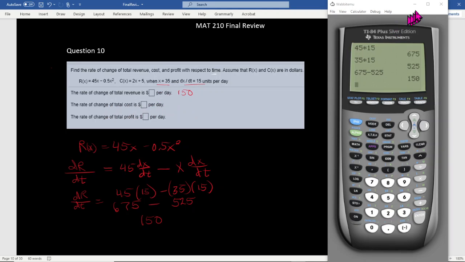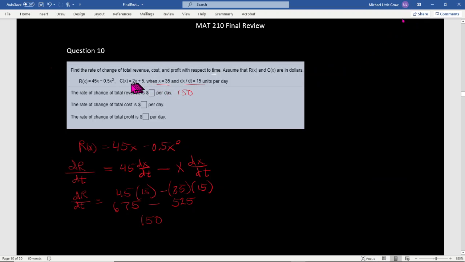We're going to do the same thing with cost. We've got this function here. The cost function is 2x plus 5. It's got the same values. So we take the derivative with respect to time. We get the derivative of cost with respect to time.